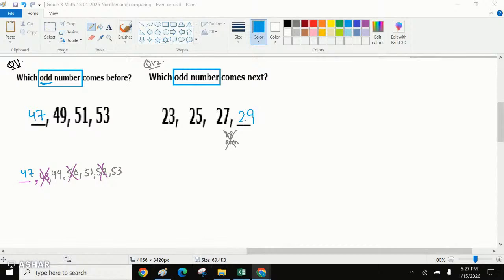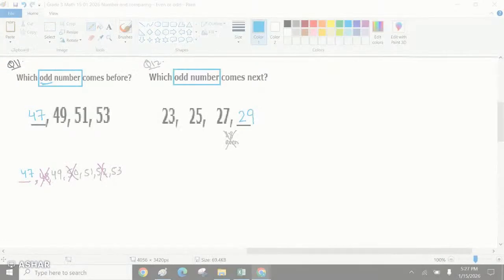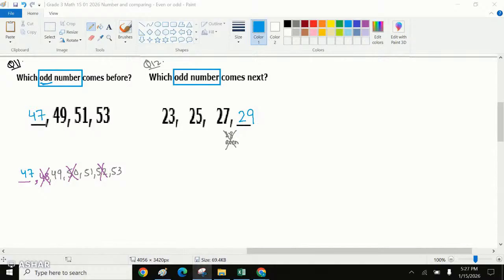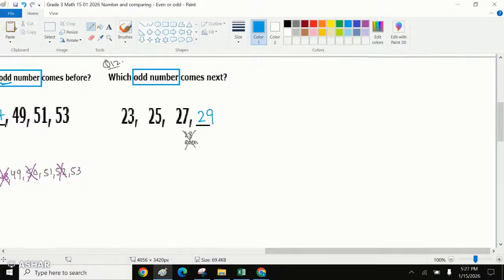Let's say, which even number comes before? They're asking us what is the even number that would come before.